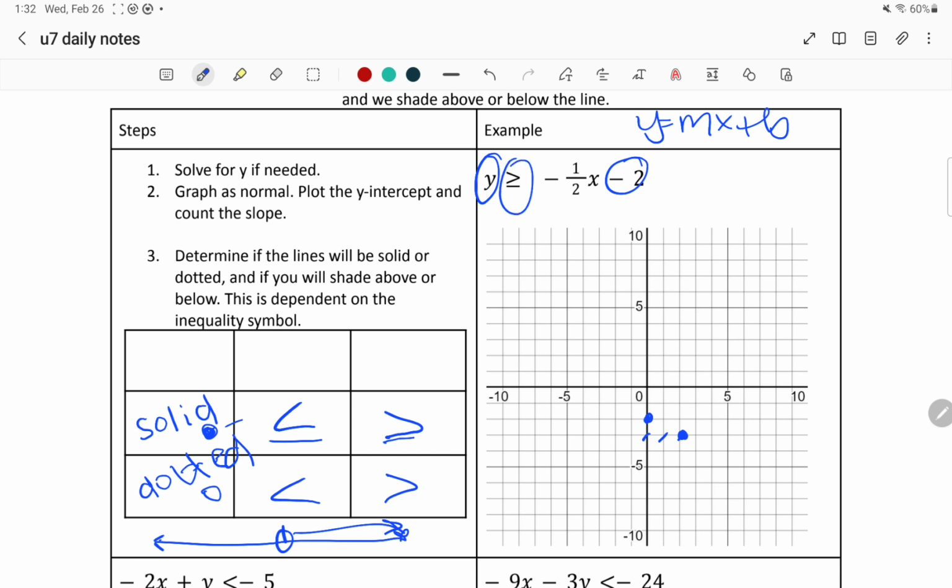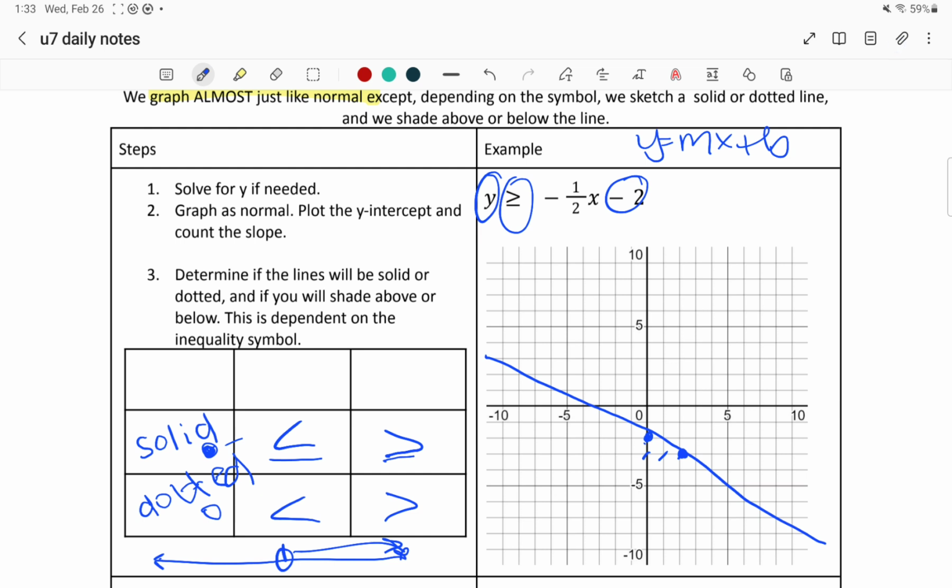This one is a greater than or equal to, so it's going to be a solid line. And then we have to shade. So when we say greater than or equal to or less than, we're saying greater than the line or less than the line.